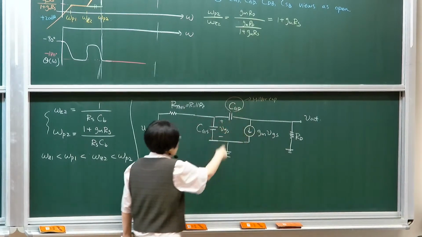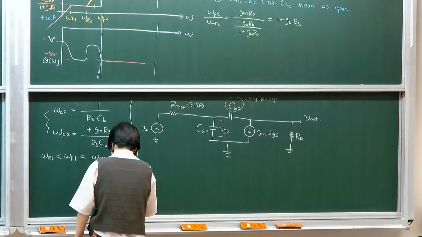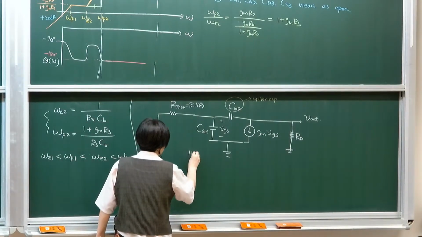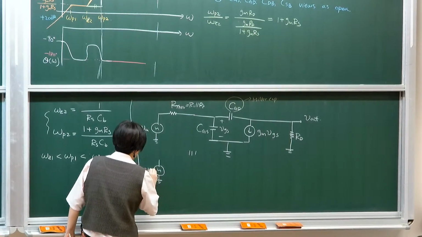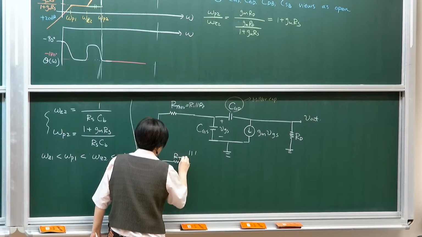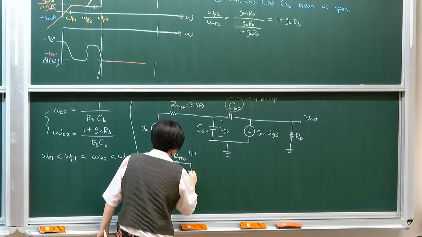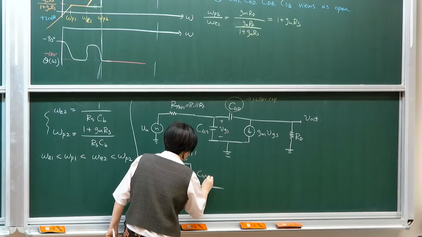So this will then be amplified by the Miller equivalent, the Miller amplification effect. So then my equivalent model will then have this be CGS.